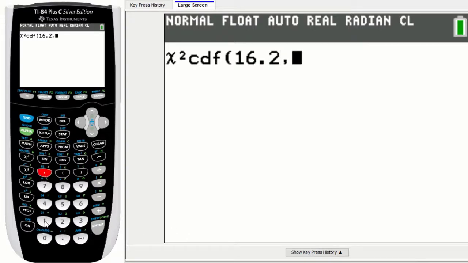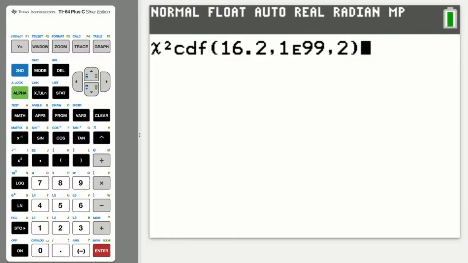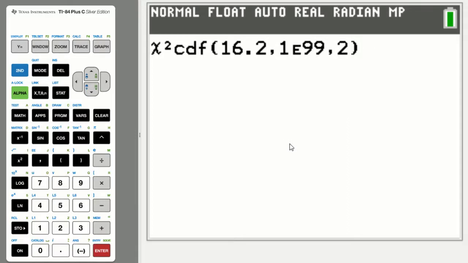And then our upper end is an indefinite upper end, so 1E99. The degrees of freedom is now entered after a comma, so degrees of freedom 2. That now completes our command here. So any version of the calculator is now ready for hitting enter to actually execute our command to come to the final answer.